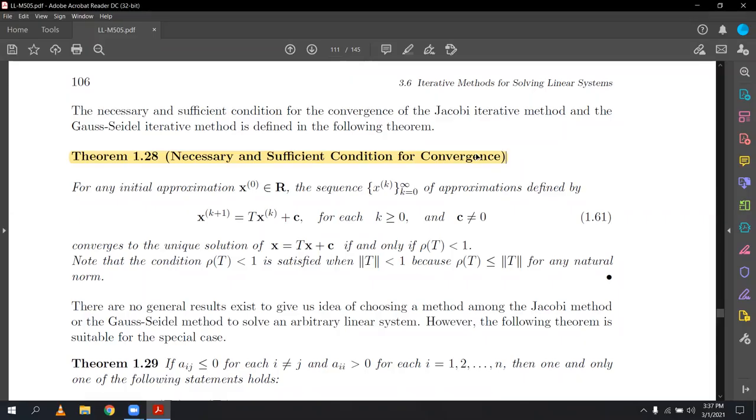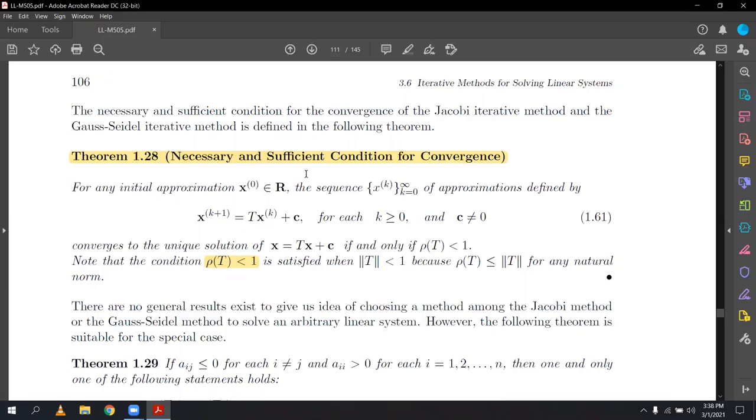The second one is if the norm of the T of the iterative method is less than 1, the iterative method also converges. And the third one is what? If the spectral radius of the T of the iterative method is less than 1, then it is also 100% guaranteed the method is converged.